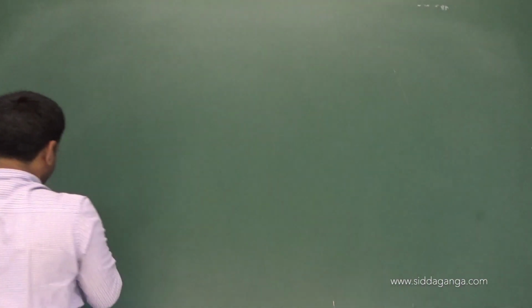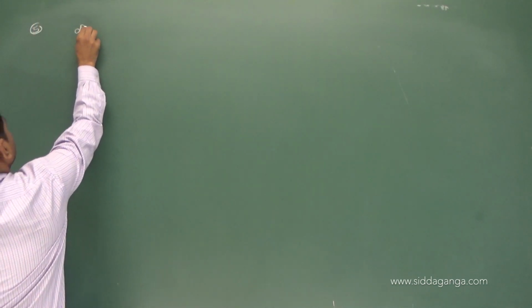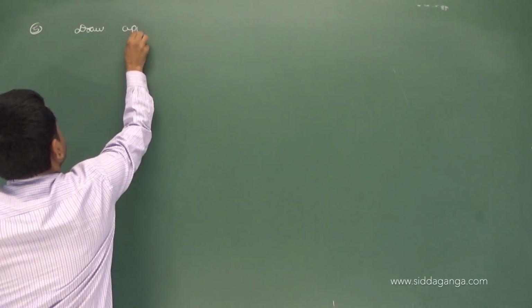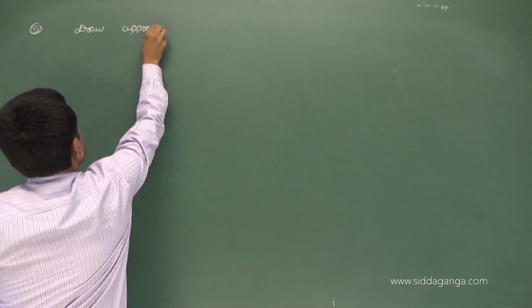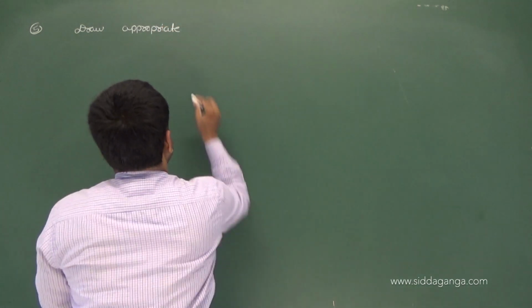Next problem. Fifth main. Draw the appropriate Venn diagram.